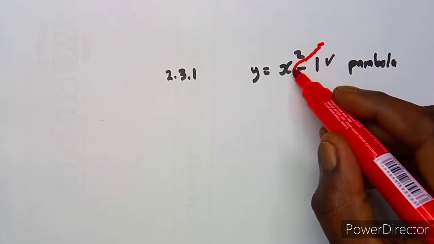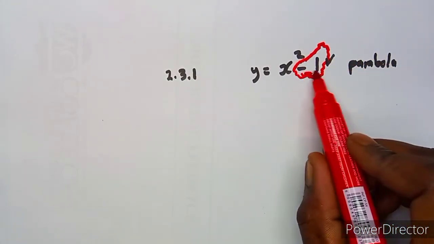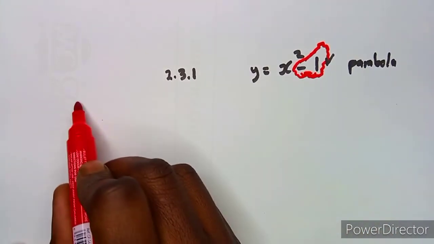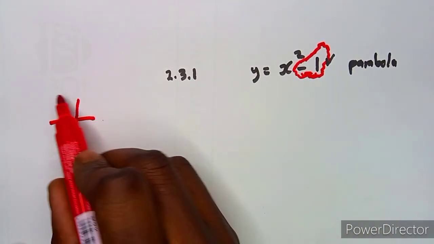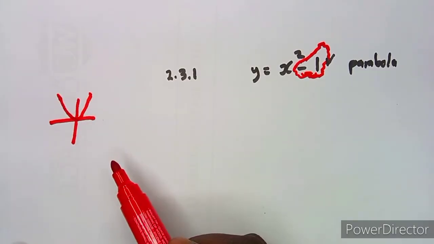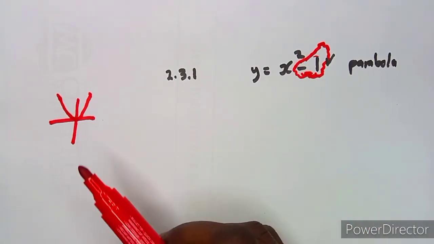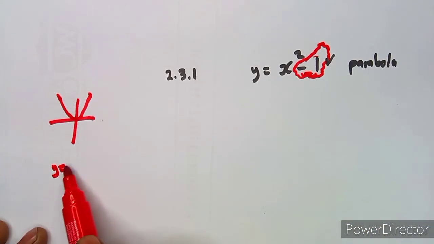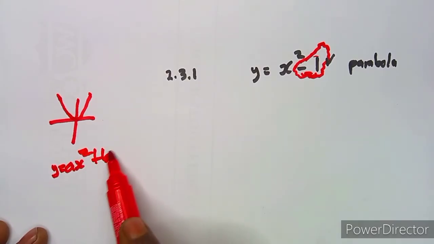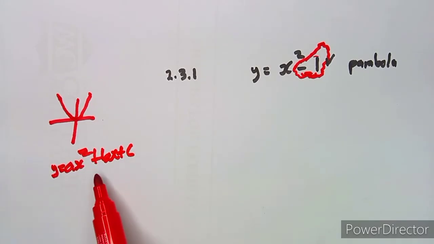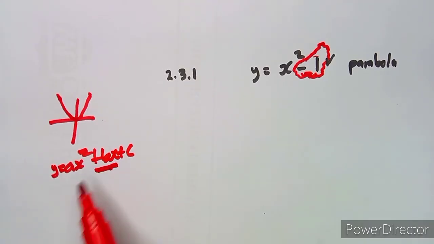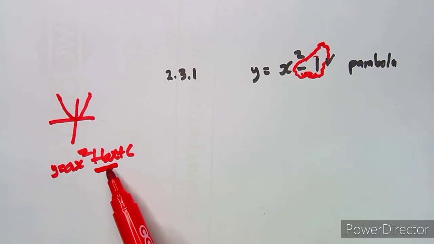If this was not there, you were going to have a function like this. Now, because there is a -1 which was added there, it's not giving us the normal ax squared plus bx plus c, because this part is not there. So you can just take this as an advantage. All right, so what is going to happen is that it's supposed to have its turning point on the y-axis.